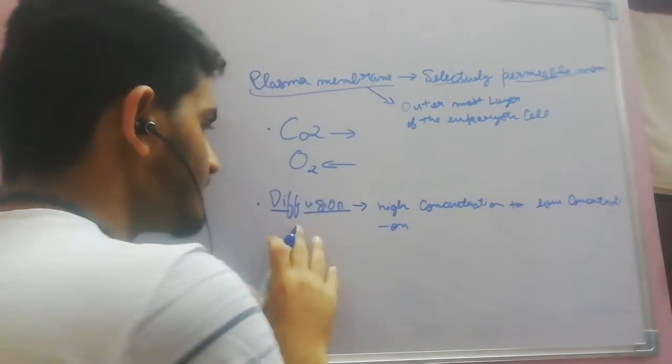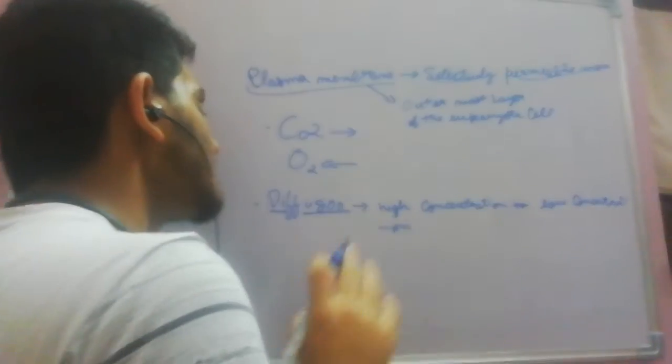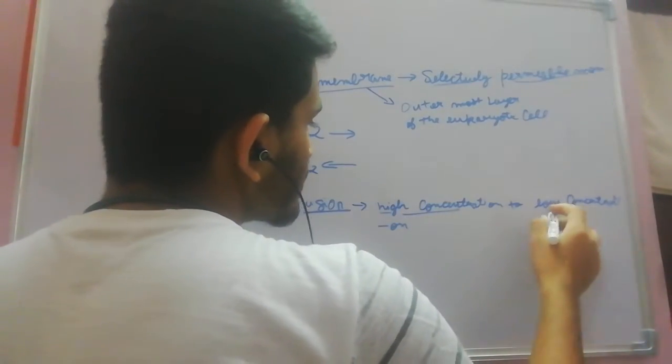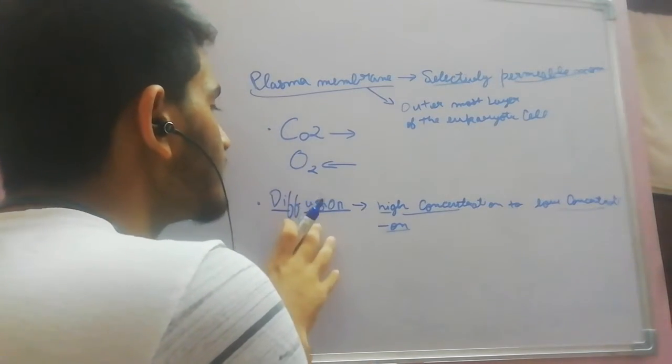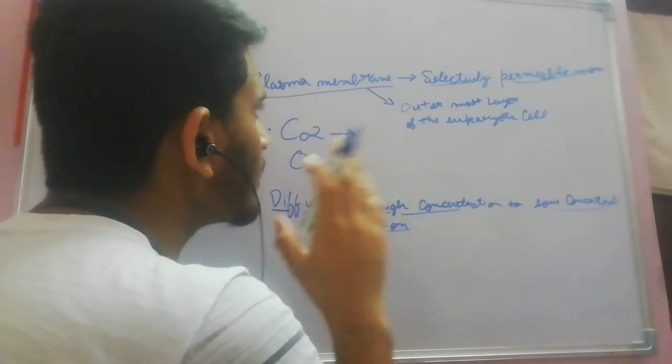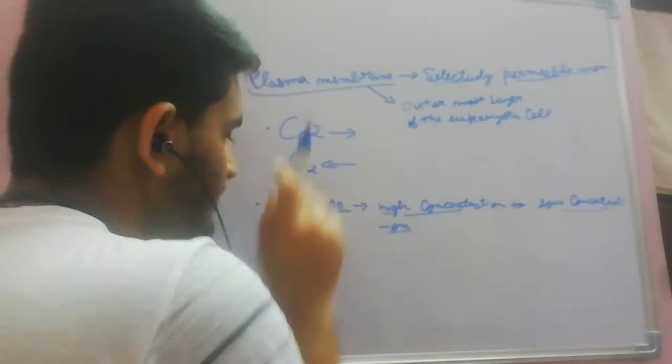So diffusion is the movement of particles or molecules from high concentration to low concentration. So through diffusion, the molecules enter or go out of the cell through the plasma membrane.